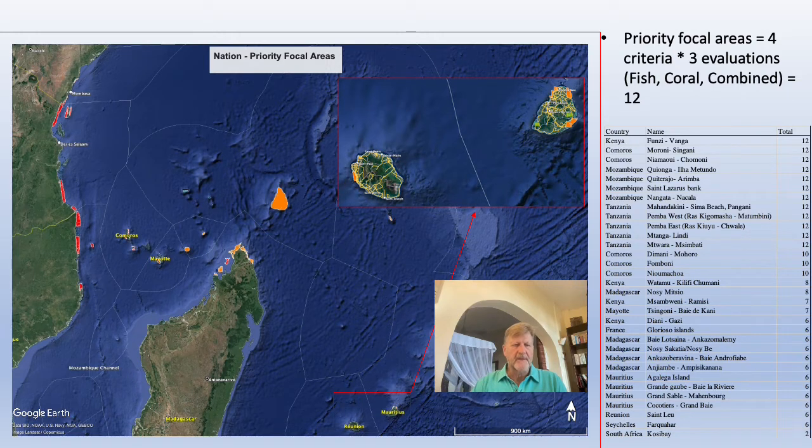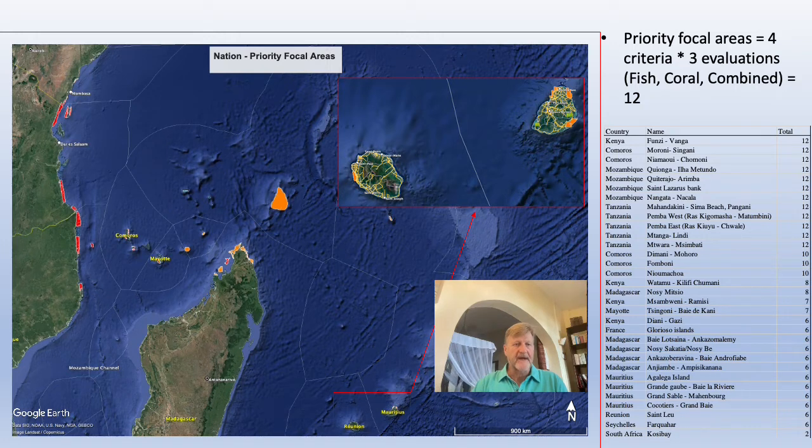Some of the other hotspots are still there for the Seychelles, for example, but there's some other changes. For example, quite a few additional hotspots in the northern part of Madagascar that were not seen at the provincial level or even the ecoregional level, but at the national level, there's considerably more hotspots.